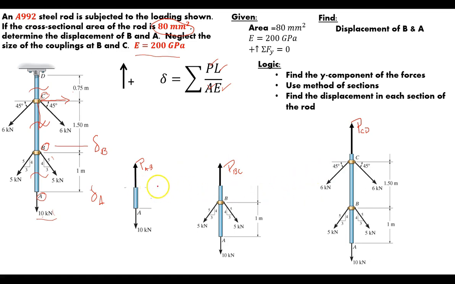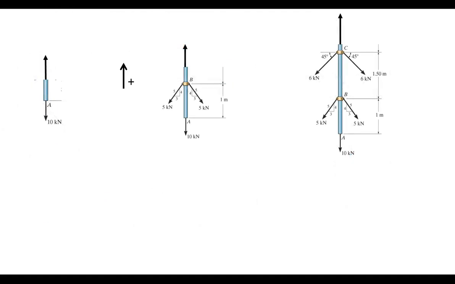I'll handle each one of these separately, and once I use my sum of forces in the y direction, that'll help me understand what P is, the load for each one of those segments. So looking at each one of those, again, keeping my coordinate system in mind, I can take anything pulling down as negative and what's reacting back as positive.